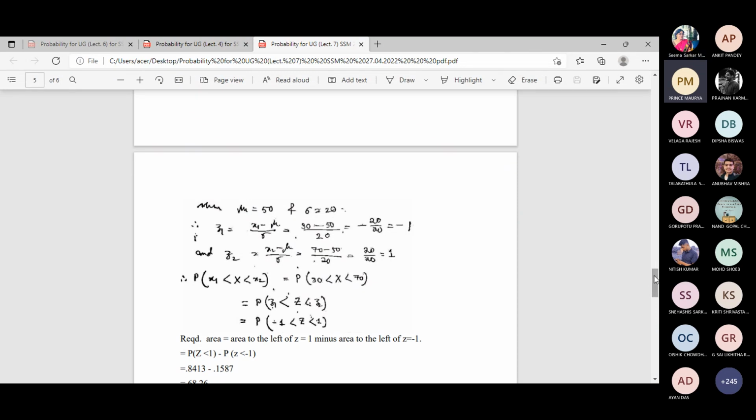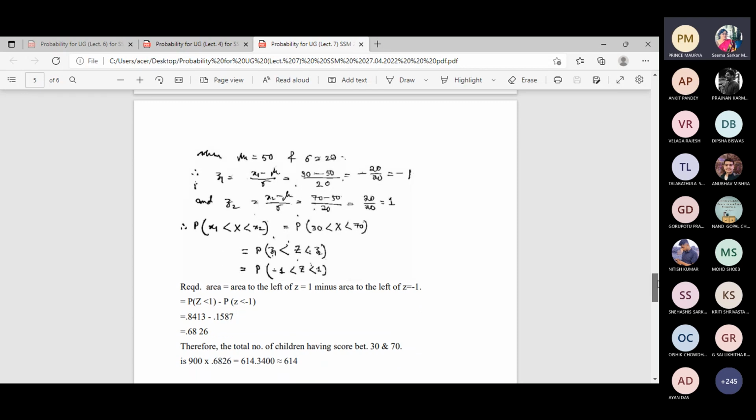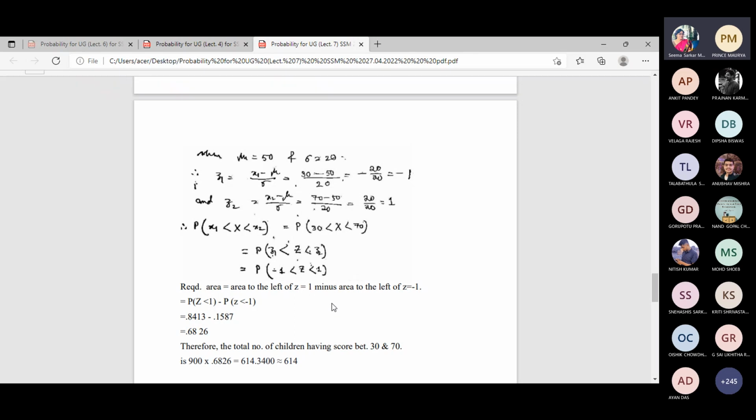So 0.8413 minus 0.1587, you can find 0.6826. So this is in terms of probability that the number of students whose marks will lie in between 30 and 70.